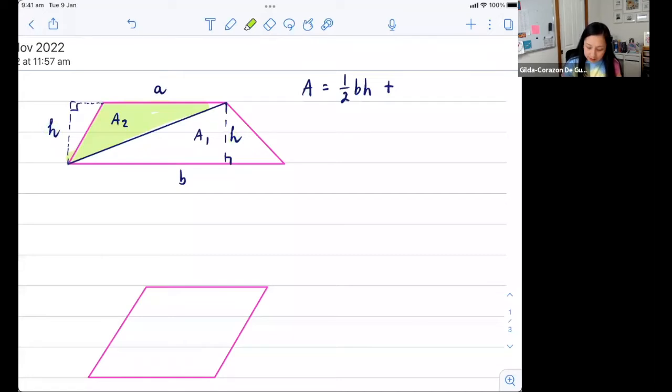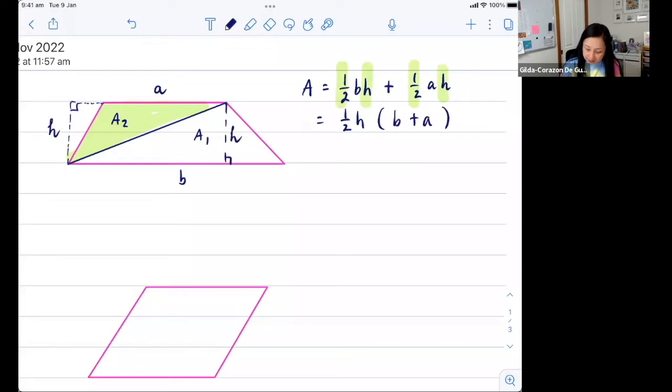And therefore, we could say what? That's half times A times H. And because of algebra, we could say I can factor out the half times H because they are your highest common factor. And that's half times H multiplied to B plus A, right?